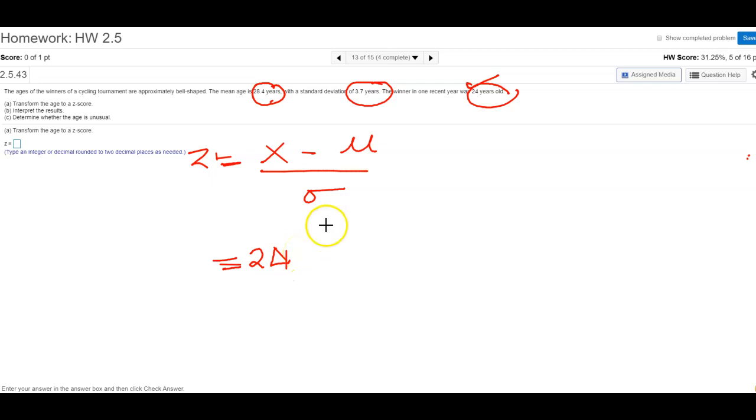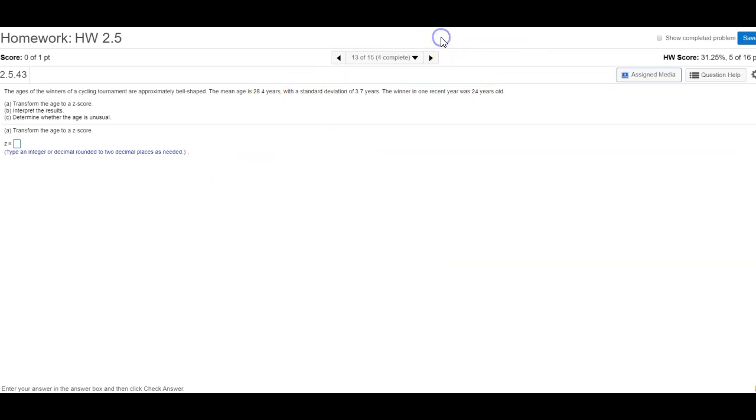For some reason, this is giving me a hard time. 24 minus 28.4. I'm sorry guys, I have to pause here for a second and redo it. My mouse is just not working. So let me just do it with this one here.